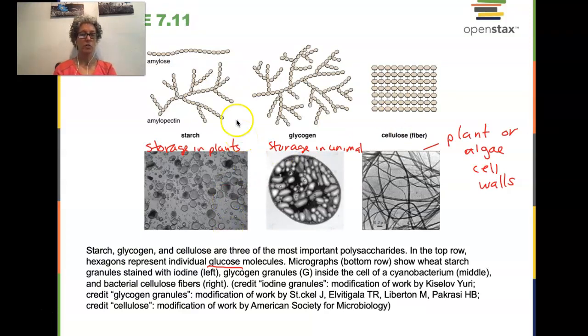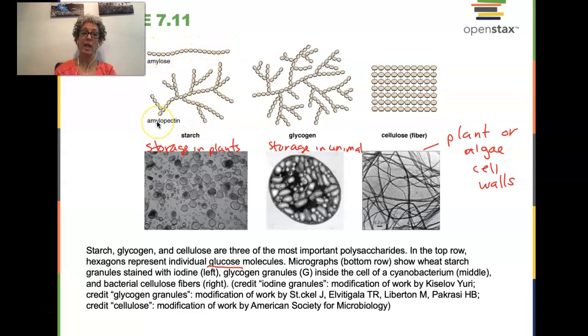Polymers, very large molecules of carbohydrates. We have 3 examples here. All of them are made of linking glucose over and over again. So starch is how plants store glucose, and it can be in the form of amylose, where we have a linear linking of the glucose molecules.